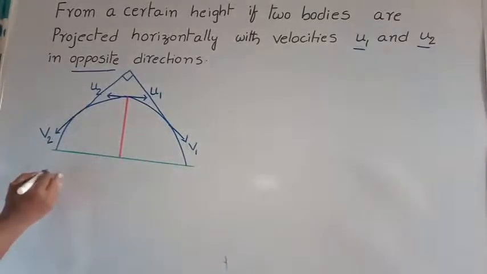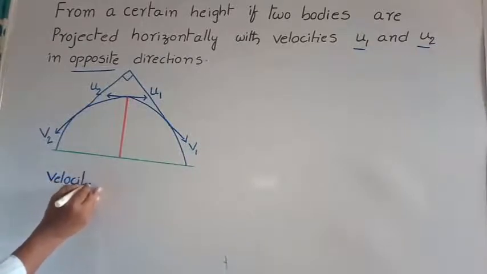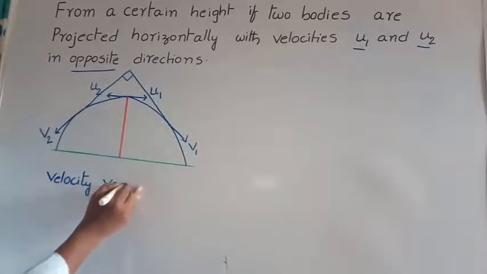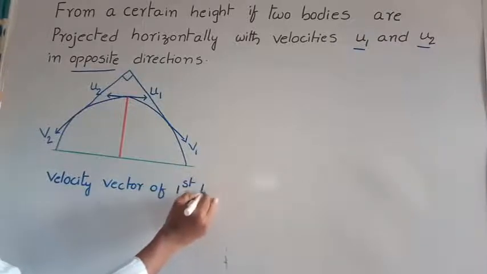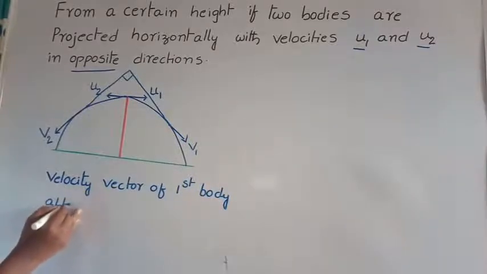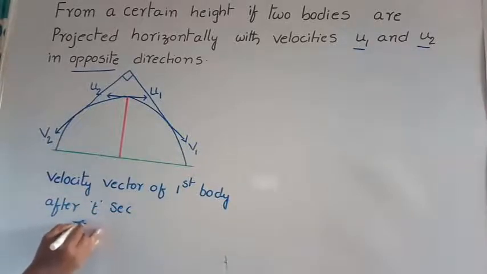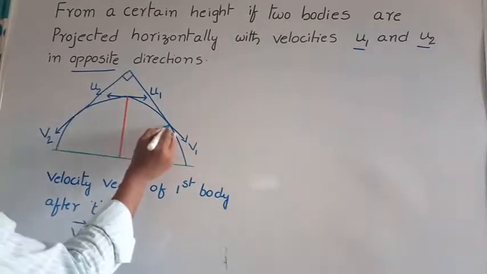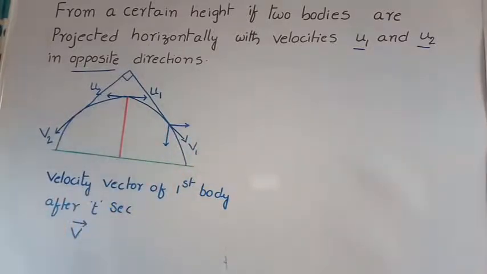The velocity vector v1 bar has two components, one vertically downward and one horizontal. The horizontal component does not change, so the horizontal component is u1 i cap.